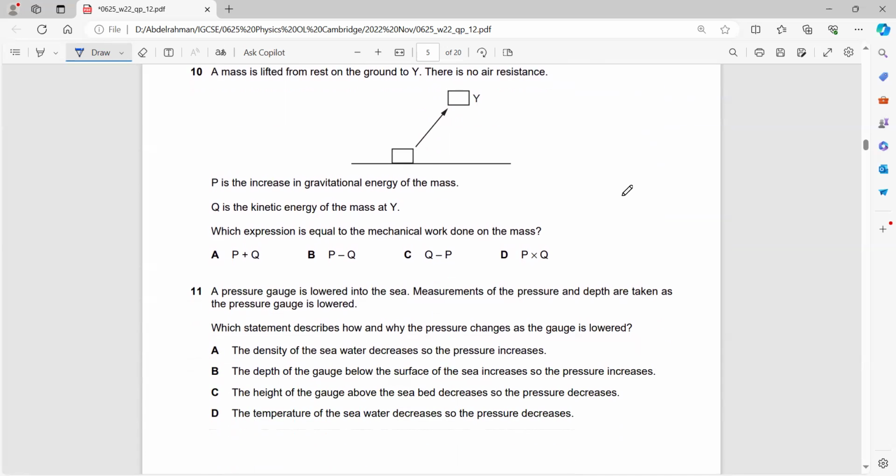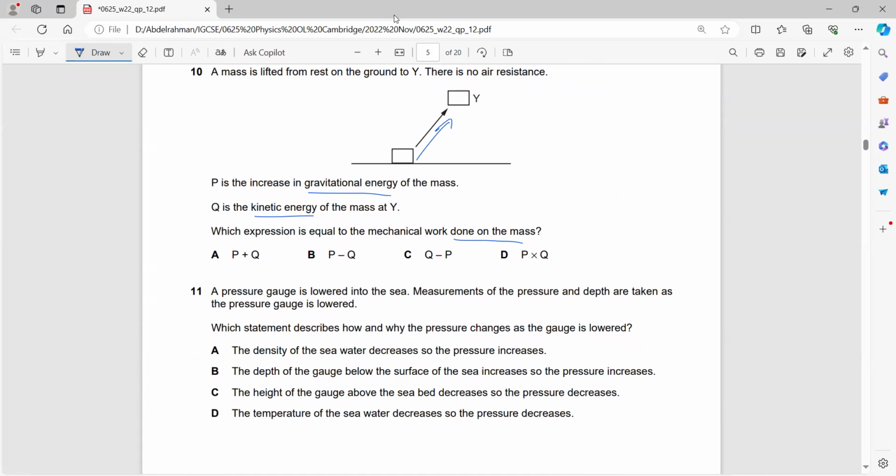A mass is lifted from rest on the ground to Y. There is no air resistance. P is the increase of gravitational potential energy. Q is the kinetic energy. What is the expression for the mechanical work done on the mass? As it moves upwards, the gravitational potential energy increases, and as it is moving, it has some kinetic energy.